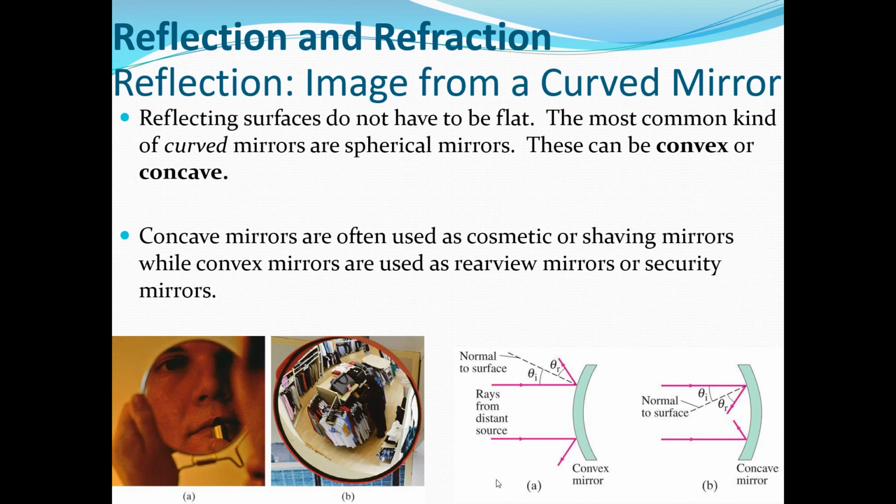Actually, it wasn't convex and concave mirrors, it was convex and concave lenses. And this ended up screwing me up because the numbers change depending on which one it is. Because I only knew them as converging and diverging, I wasn't sure which one was which. So I had to go through like 10 minutes to try to figure out which one was which, and it ended up wasting a lot of time. Thankfully, I was able to figure out which one was which. Like I said, you'll see why later on.